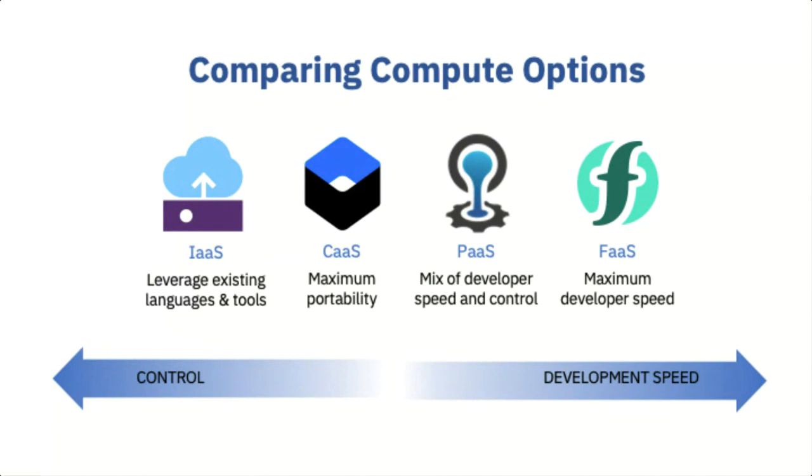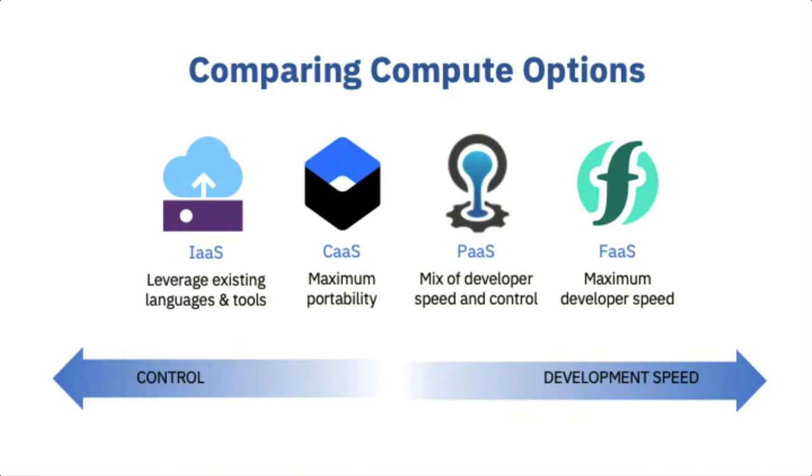Next option we have is platform as a service. That's going to be things like Cloud Foundry. We're going to take a look at IBM Cloud Kubernetes as a service that we provide as a PaaS solution. We also have Red Hat OpenShift. That's a platform as a service offering we have as well.